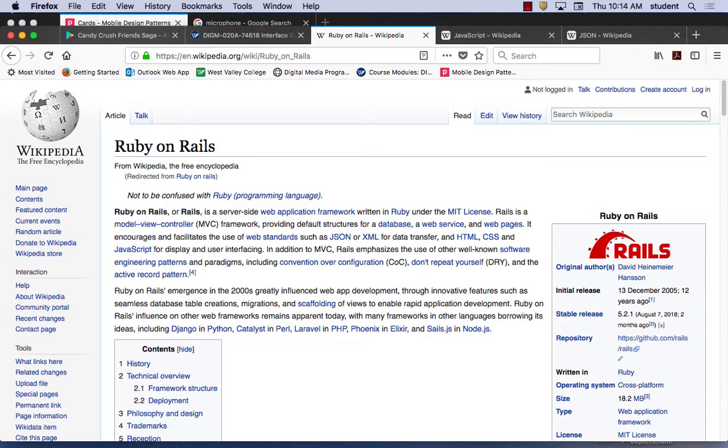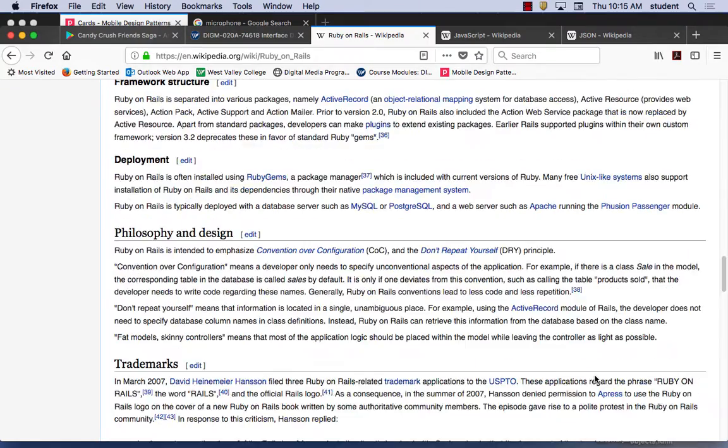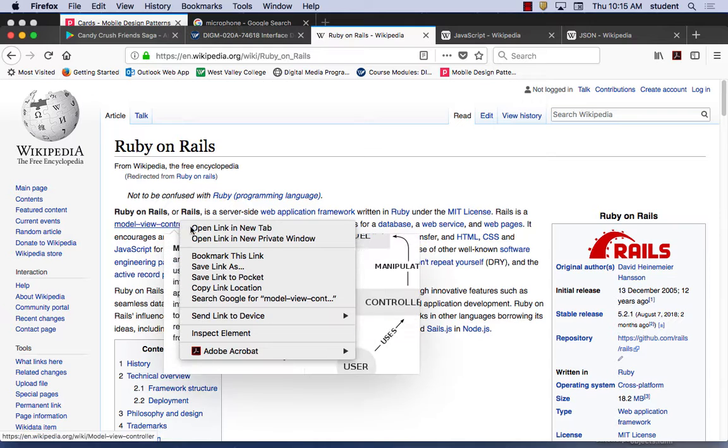And when we do web development, or app design, Swift and Xcode is model view controller, and that's sort of the basis of it right there. They have a little chart here. We can click on it and get a chart.